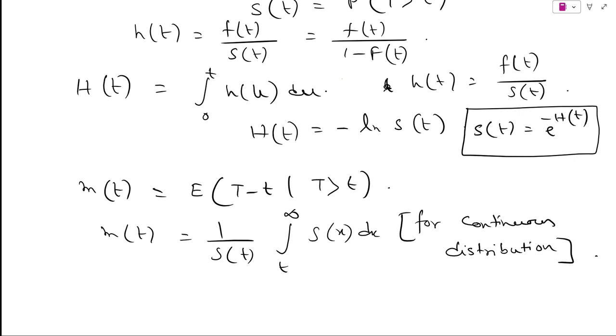Students often confuse the mean lifetime and mean residual lifetime. The mean lifetime is calculated from the beginning of life, and the mean residual lifetime is calculated after the object has already survived up to time t. For example, suppose a machine has already worked for 5 years. Now we ask how many more years it is expected to work. That expectation is the mean residual life.